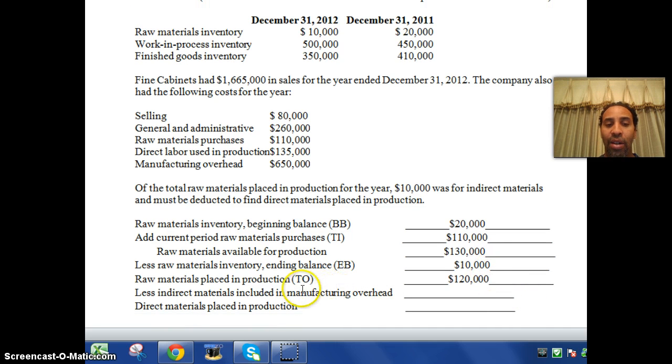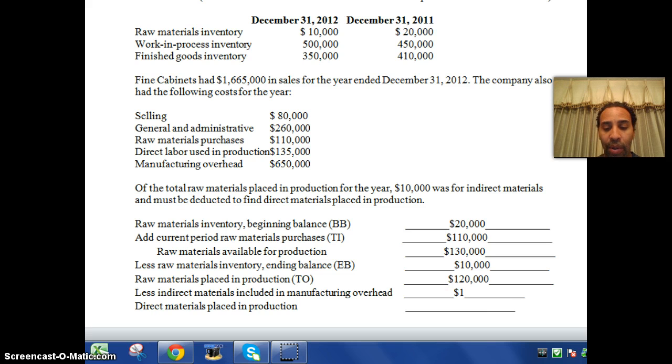And then less indirect materials included in manufacturing overhead. What we see right here in this sentence, it says of the total raw materials placed in production for the year, $10,000 was for indirect materials and must be deducted to find direct materials placed in production. So we know that we have to subtract that amount.